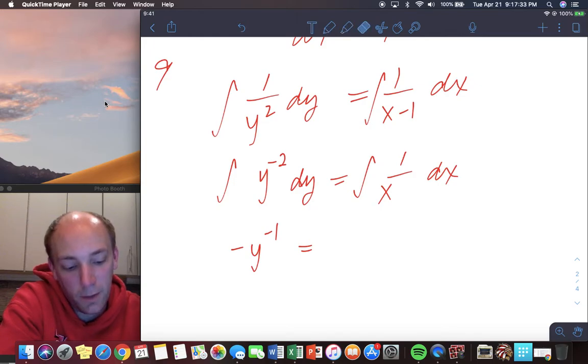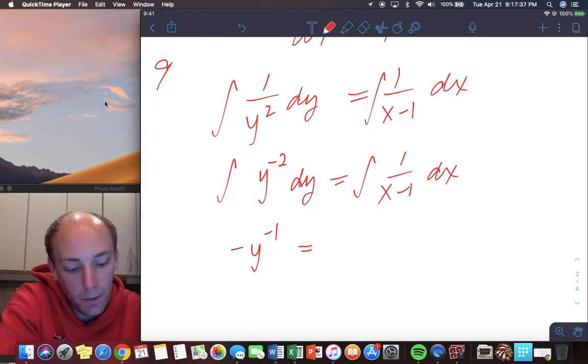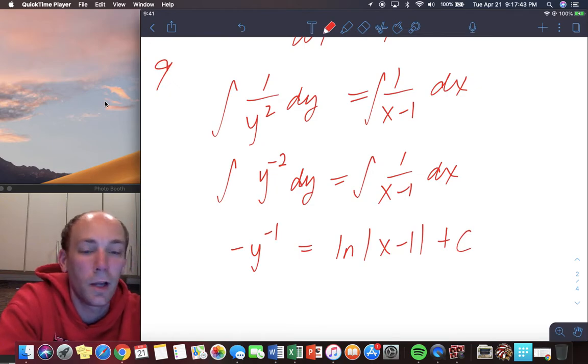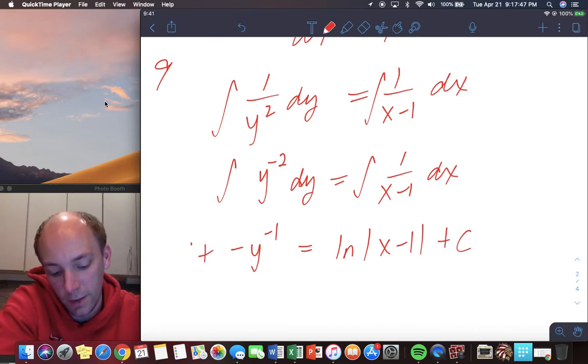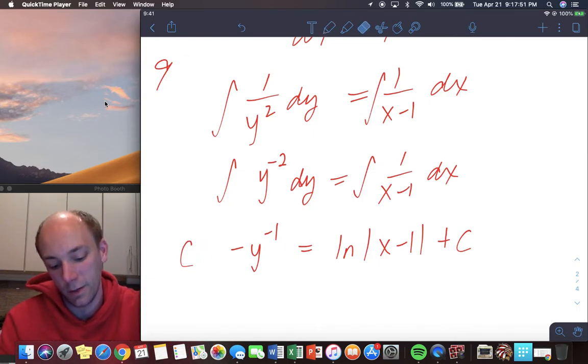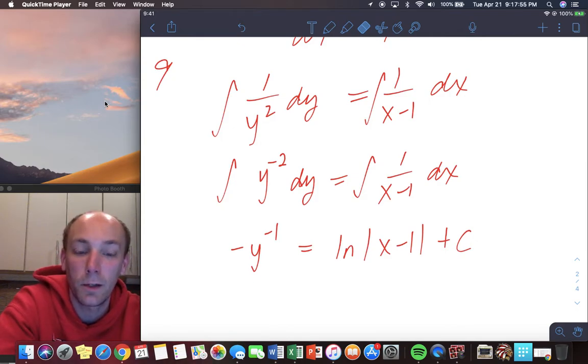So if we think about what function has an antiderivative of 1 over x, remember that is the natural log of the absolute value of x minus 1. And we're going to include a plus c, right? That constant of integration. Yeah, there should be one on this side too, right? But when I move them all over, they're all going to be the same constant, right? So as long as we have a plus c at least once on this line, we'll be good.